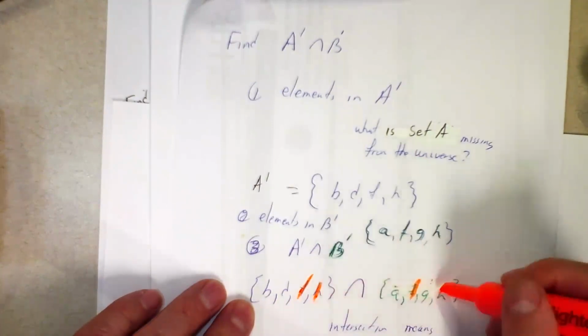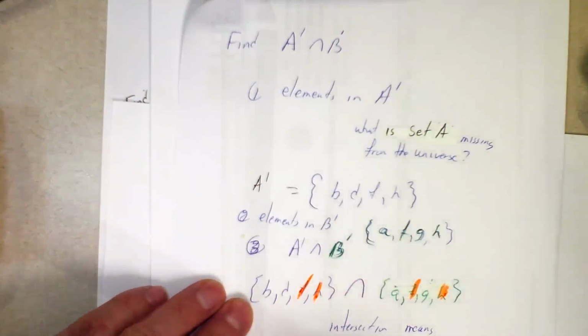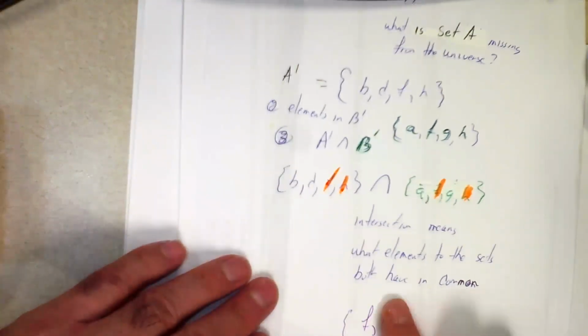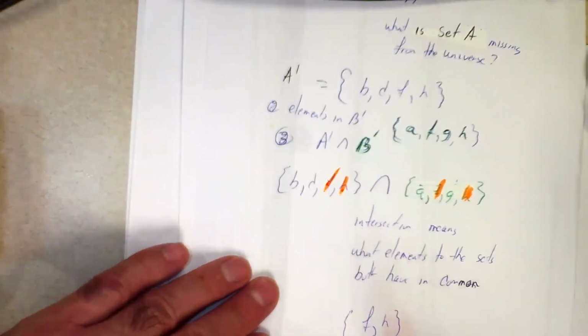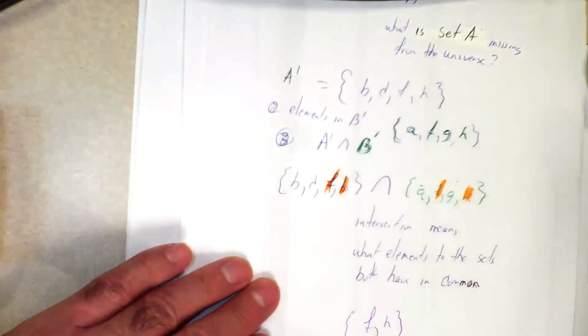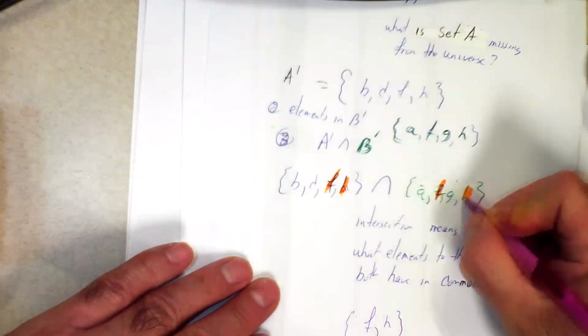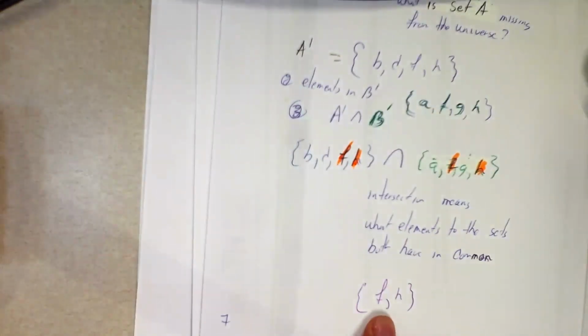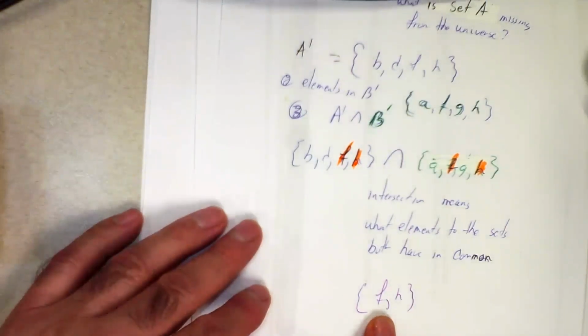So intersection means what elements both sets have in common. I have the F and the H, which translates to those two elements, F and H.